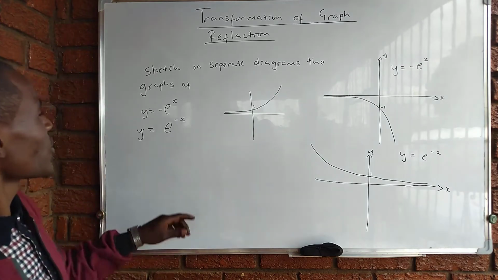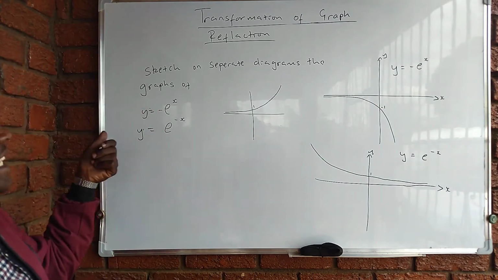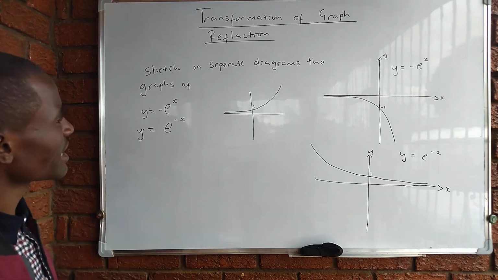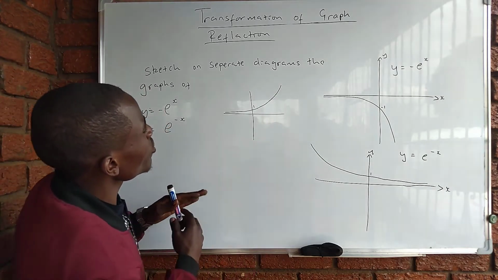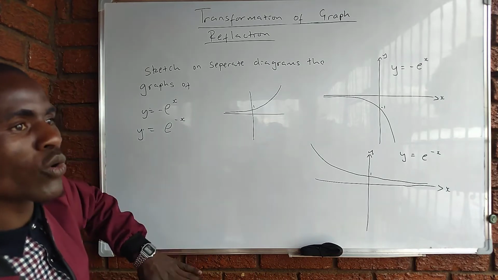Now it is reflected, but the negative is outside the e, so the mirror line is the x axis, right? When the mirror line is the x axis, everything above the x axis is reflected and appears below the x axis.